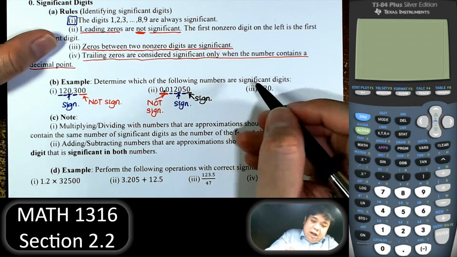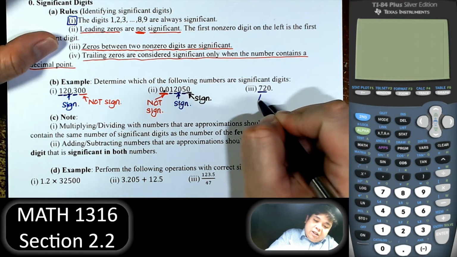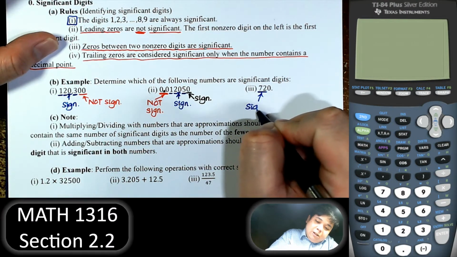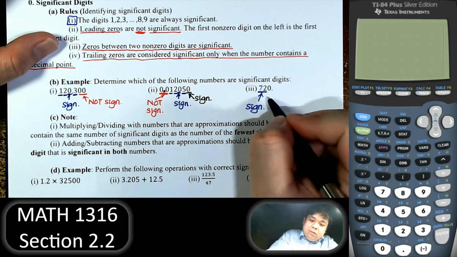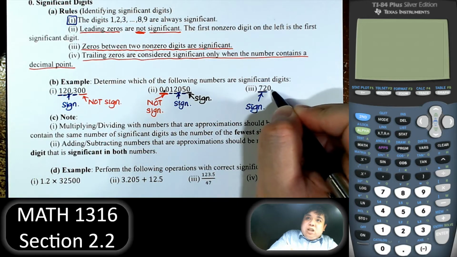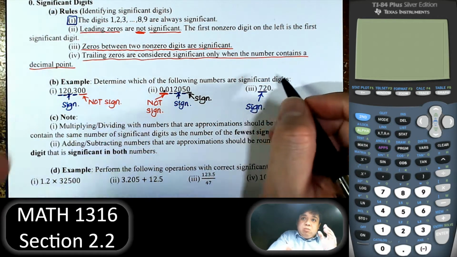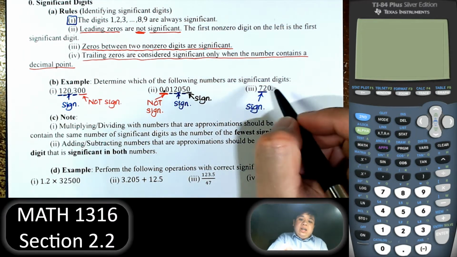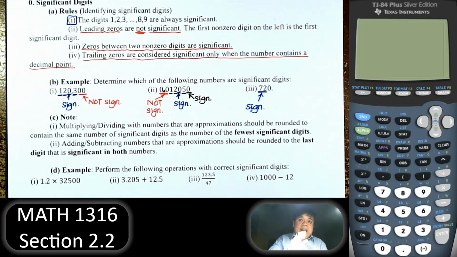Right. Next, these 2 are obviously significant. This is the trailing 0, and because there is the presence of the decimal point, even though that 0 is in front of the decimal point, it doesn't matter. If there is a decimal point, any trailing 0 is significant.